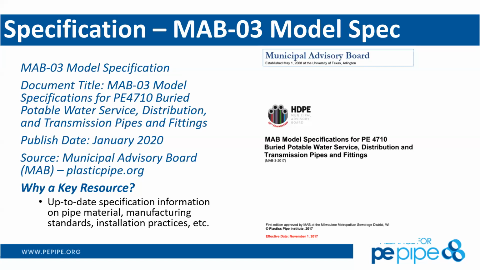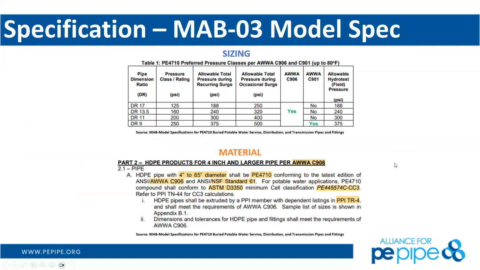We have a model spec that was written in the 1990s, and it still specifies materials, test methods, and standards which aren't relevant anymore. This model spec is up to date and will bring in the new relevant resources and references that you need in your model spec. So I recommend you take a look at that as well.